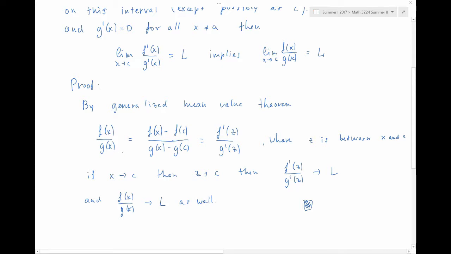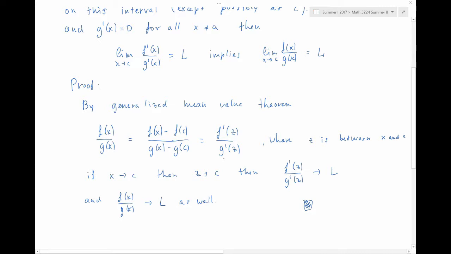When x converges to c, z can behave quite wildly, and the existence of the limit of f of x over g of x means that there is a sequence of z values that make the ratio of the derivative converge to the same limit as f of x over g of x. But this implies that this is only true for a particular sequence of z values. It may mean that for some other sequence of z values, this ratio converges to something else.